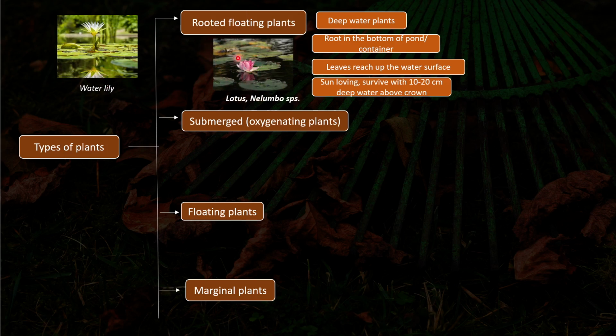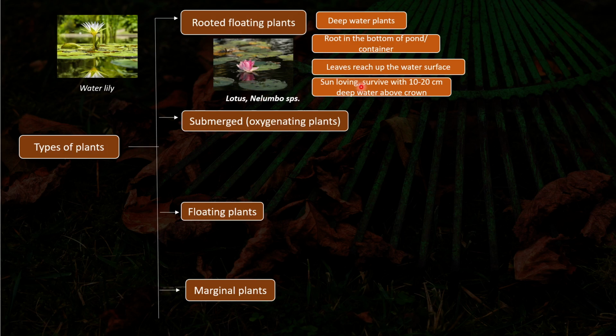They have their roots at the bottom of the pond, and their leaves and flowers are floating on the top of the pond. So therefore these are called rooted floatings. Rooted means they are rooted at the base, and floating means their leaves and flowers are floating.